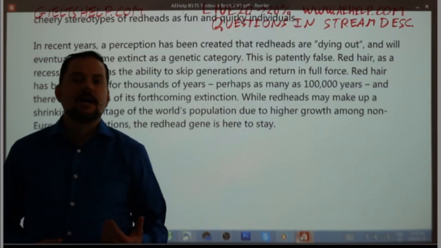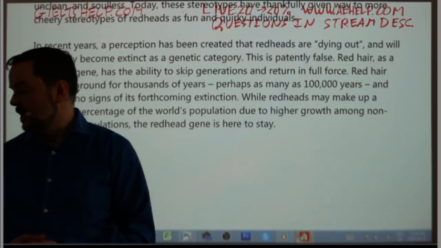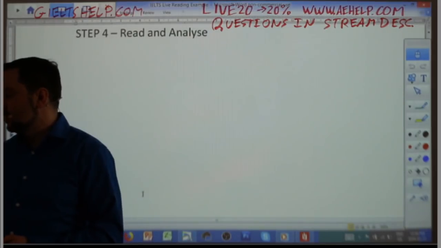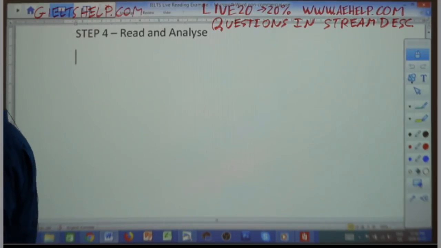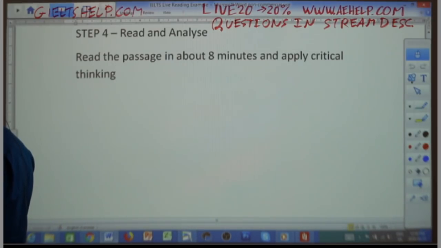Now in the IELTS, when you read like this, you are simultaneously applying critical thinking. So read and analyze. That means read the passage in about 8 minutes and apply critical thinking to each paragraph as you read.